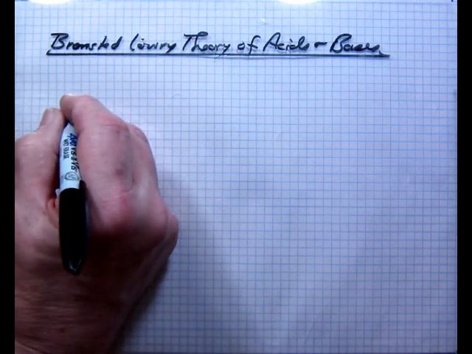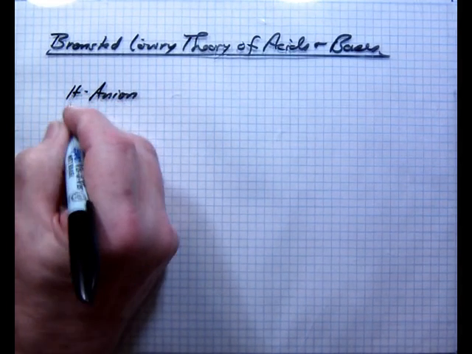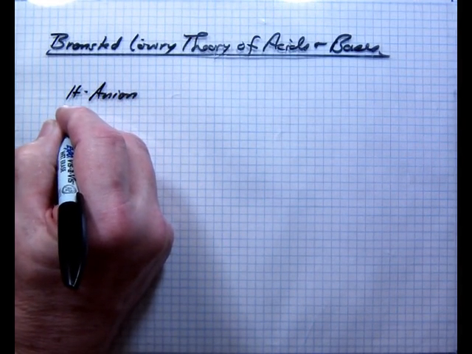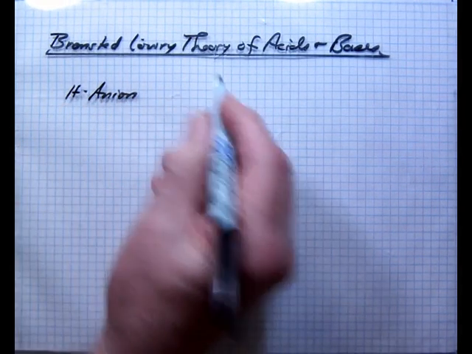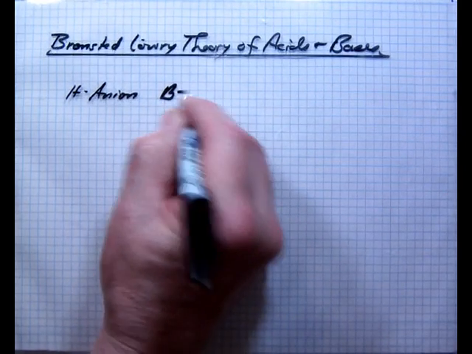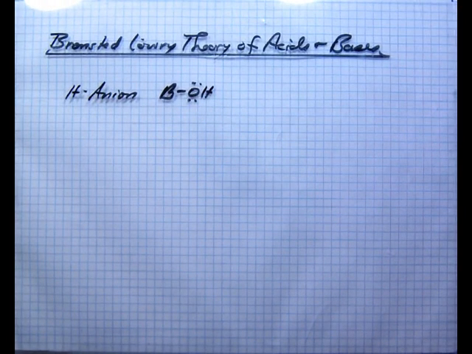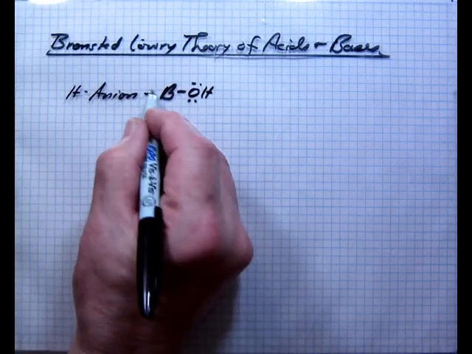A Bronsted acid has a proton, an ionizable proton that can be donated to a Bronsted base that has some fragment that can receive the proton that's being transferred.